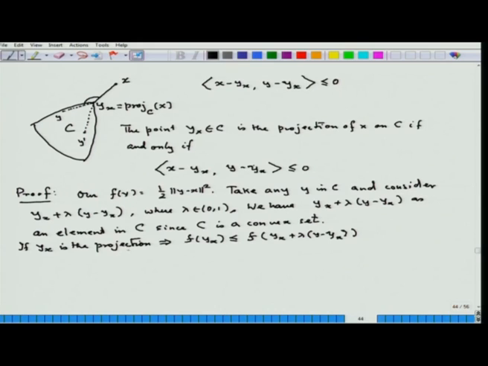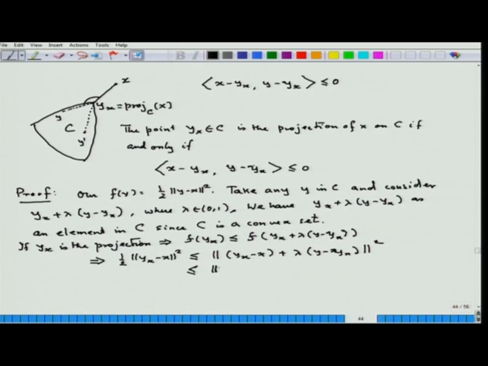Now, writing this in the functional form, this would give me half of norm y x minus x whole square less than or equal to half norm of y x minus x plus lambda times y minus y x whole square.